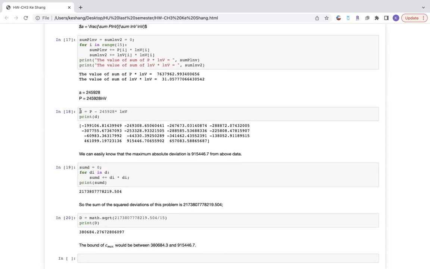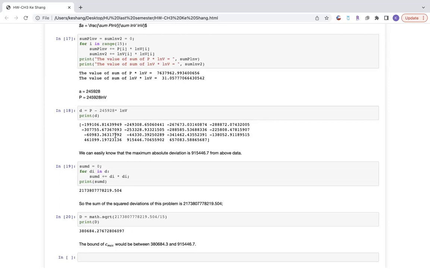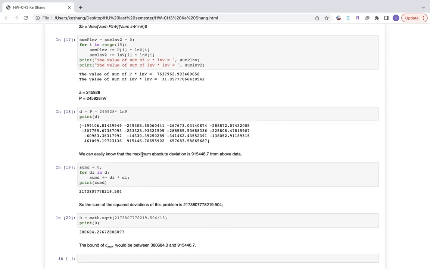Since the deviation is equal to p minus the number we calculated, we can calculate all the deviations here. We can easily see the maximum absolute deviation is right here.